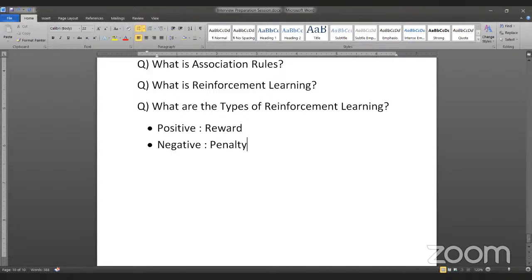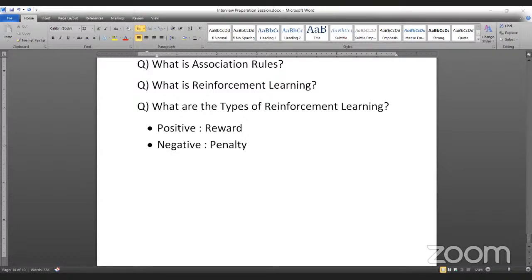So we penalize the learning agent for doing a certain event.